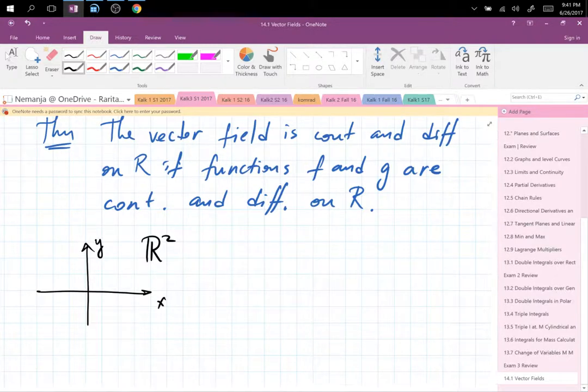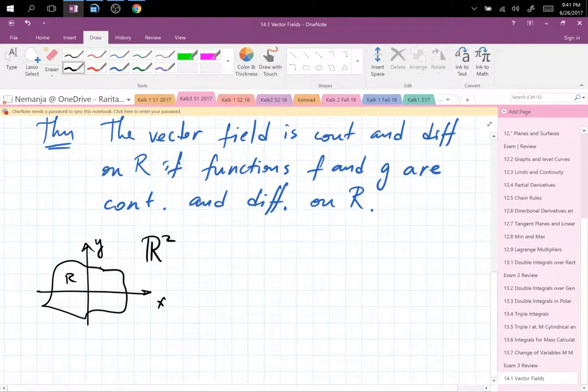So what is R2? R2 is all of the space, and then you are going to have some region R in there. Could be a unit circle, could be a square, could be a triangle, could be half an ellipse, could be inside of the parabola, so could be anything. The idea is that you have the region inside R squared, R2. R2 just means two-dimensional surface, in this case, XY plane.